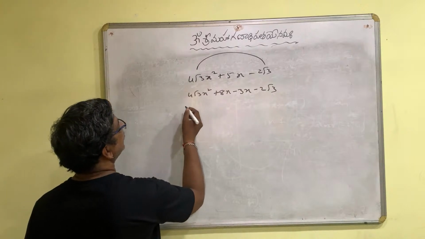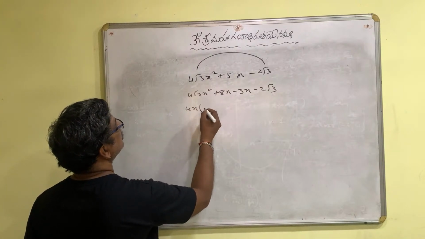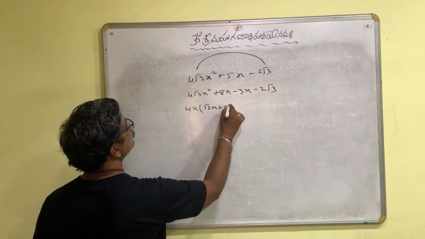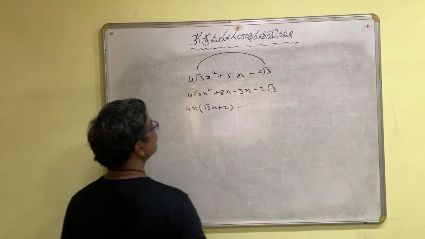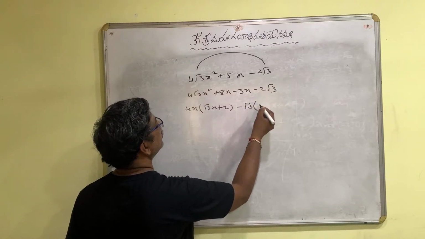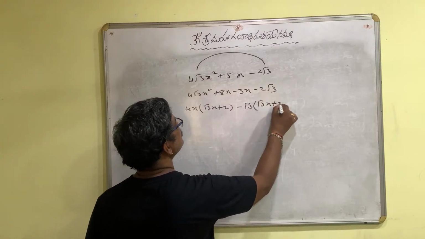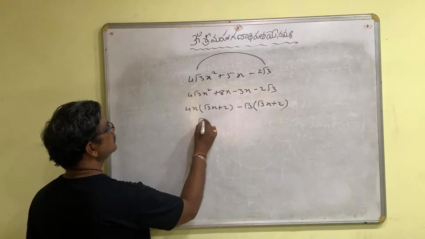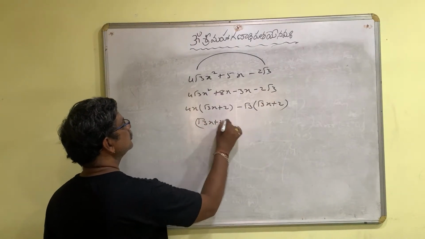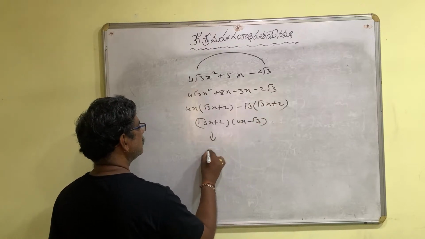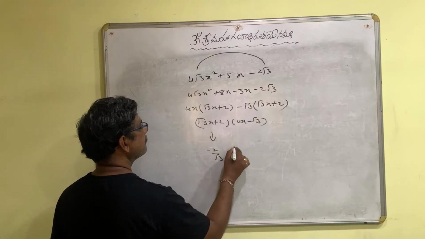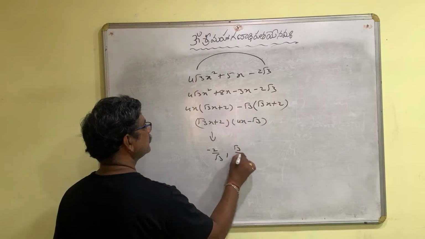So we can take 4x common: root 3x plus 2, minus root 3 common: root 3x plus 2. So root 3x plus 2, 4x minus root 3, minus 2 by root 3, root 3 by 4.